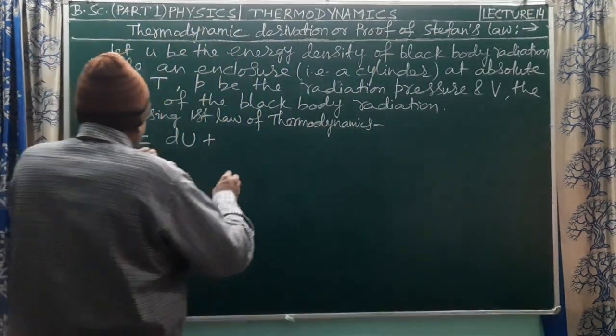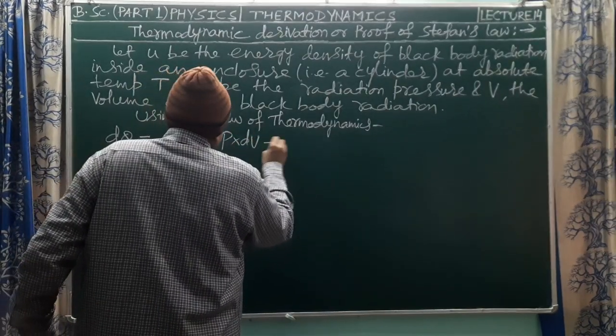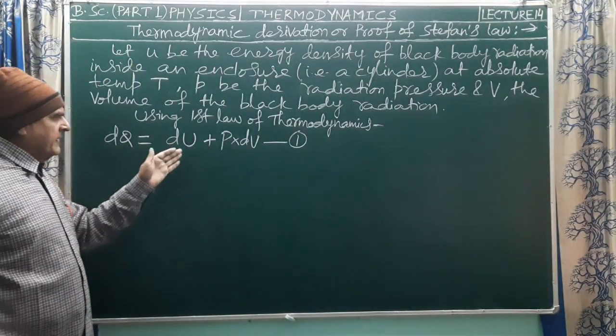So dW equals P into dV. Suppose it is equation number 1. It is the first law of thermodynamics, dq equals du plus P into dV.